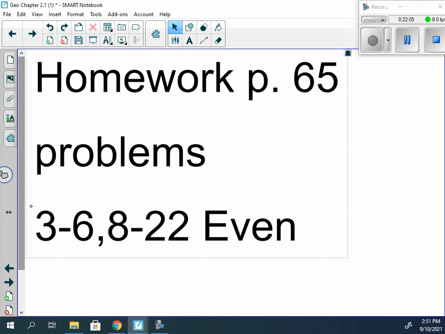Looking at this here, 3 through 6: copy the statement, underline the hypothesis, and circle the conclusion. So that's all you're doing for 3 through 6. For 7 through 12, so 8, 10, and 12, rewrite the conditional statement in if-then form.